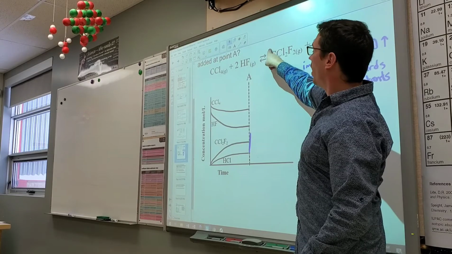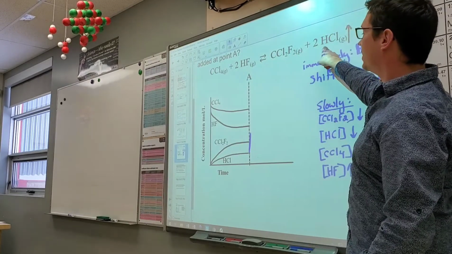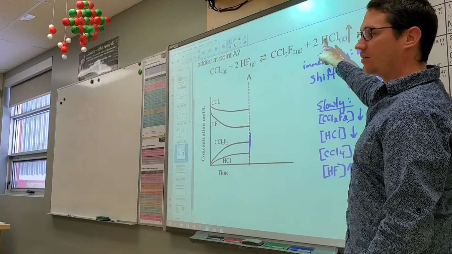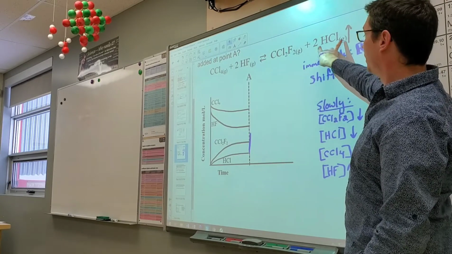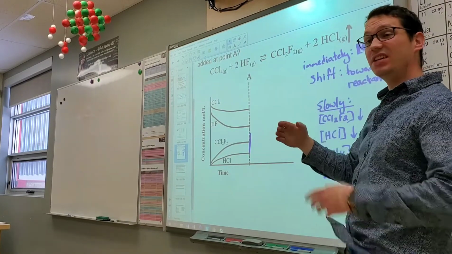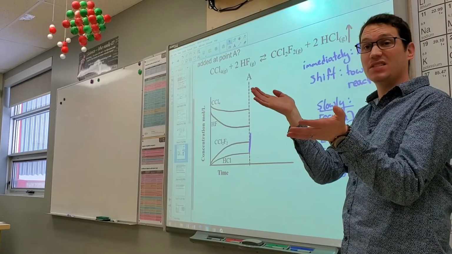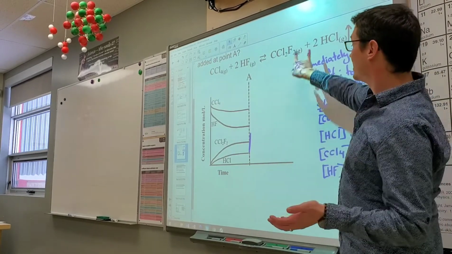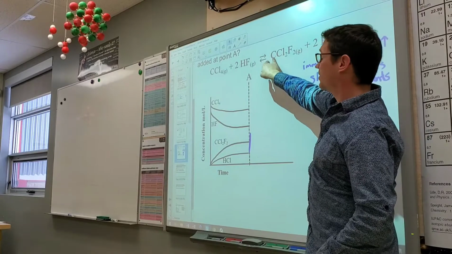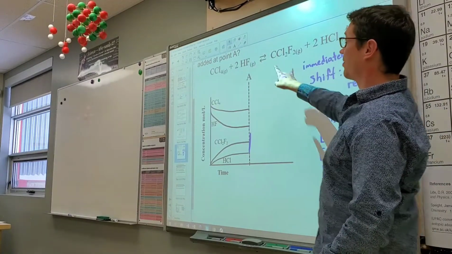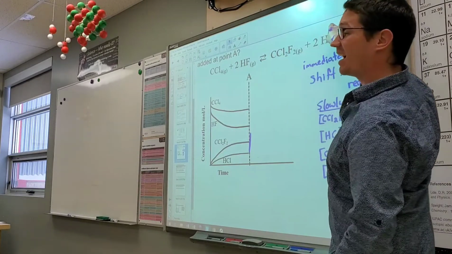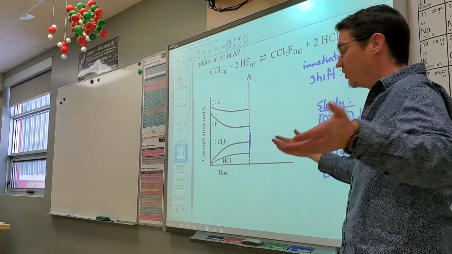For every one of these, how many of these need to react? 2. So which one's going to decrease more? The HCl, because it's going to decrease by twice the amount. Does that make sense? Because this has a coefficient of 2, this has a coefficient of 1. So for every one of these, we're going to react 2 of those. For every 1,000 of these, we're going to react 2,000 of these. It's going to be double the change.